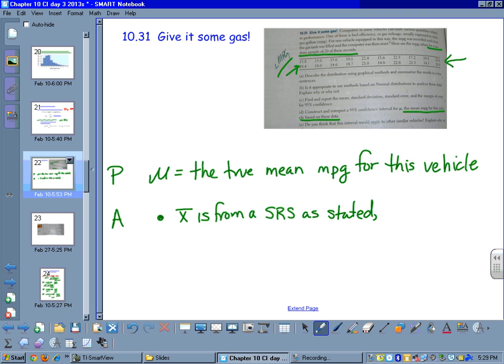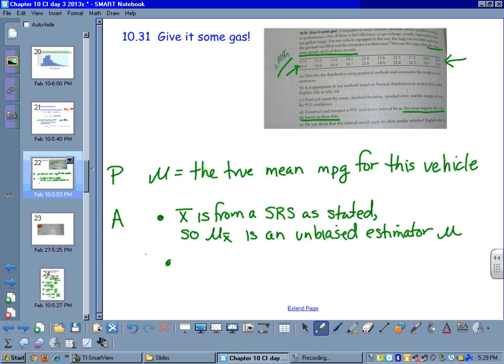X bar again referring to our one sample of 20. So X bar, the sampling distribution's balance point, is an unbiased estimator of the true population mu, which we defined in the P part.